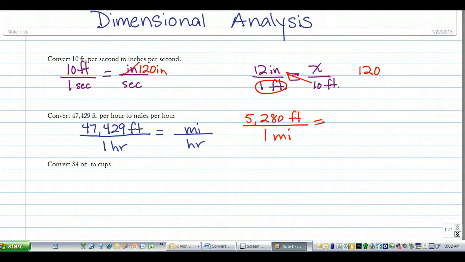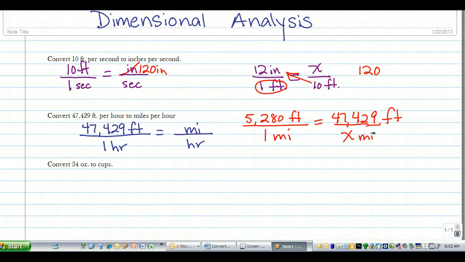We want to know how many feet, we want to know how many miles are in 47,429 feet. Okay, this is the miles.